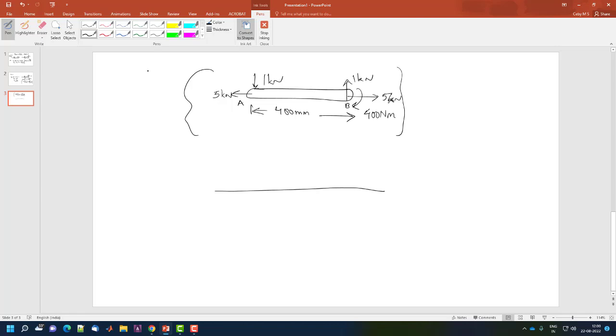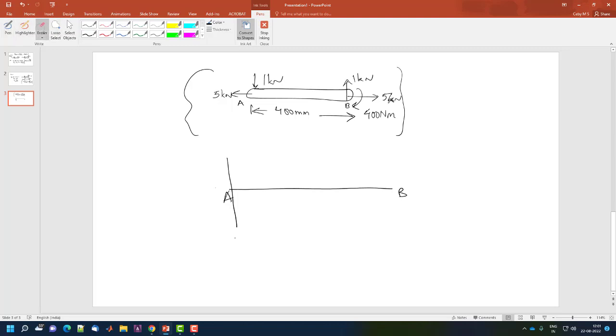Almost a straight line. Okay, so this is AB. Fine.